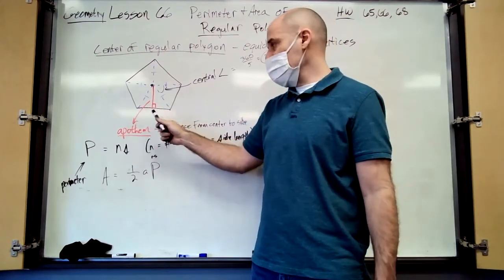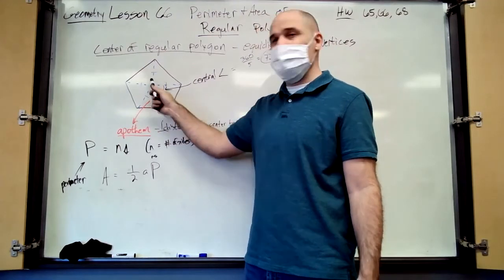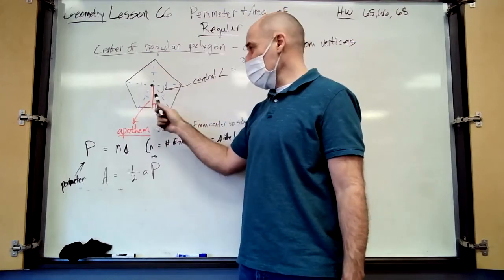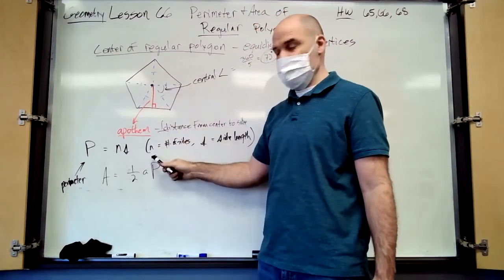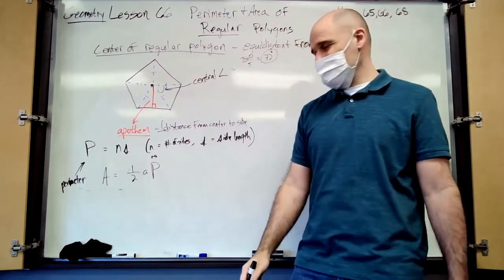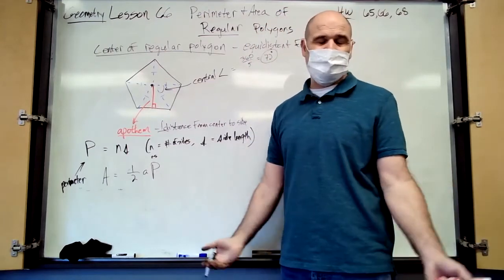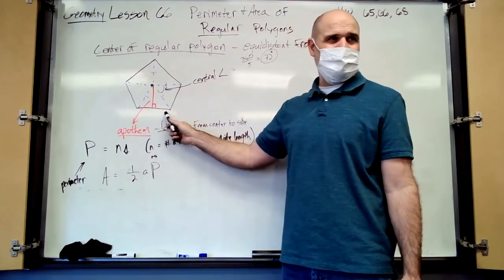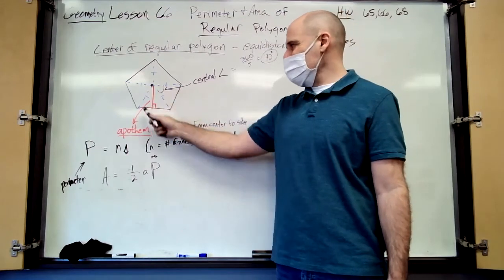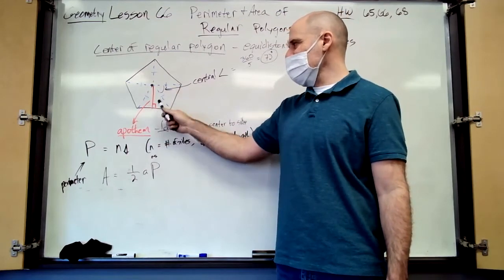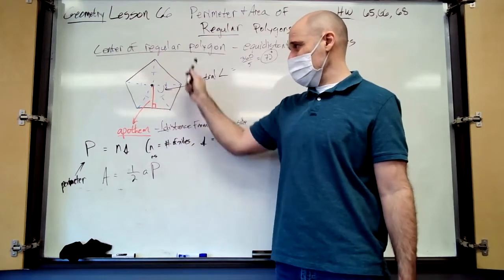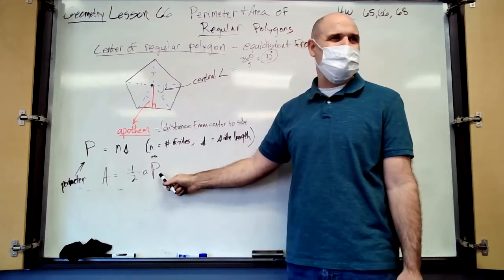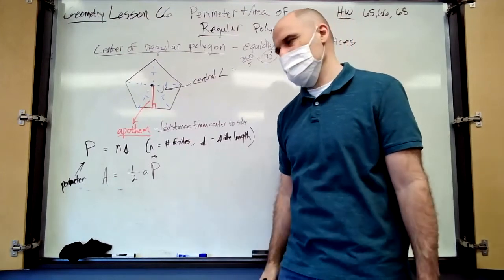But if I wanted the whole area, I multiply that by 5, which is N. So you don't have to figure out the perimeter first. If you just know the length of one side, you find the area of that triangle, 1/2 side times apothem, and multiply by however many sides there are. But the easiest way to write it is 1/2 AP, okay?